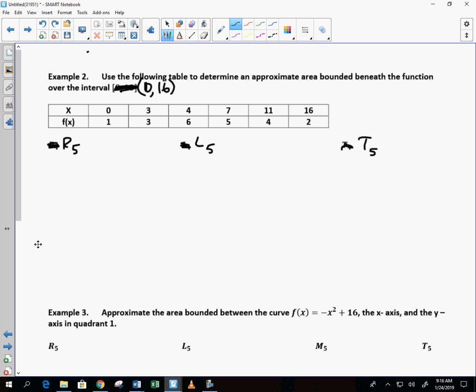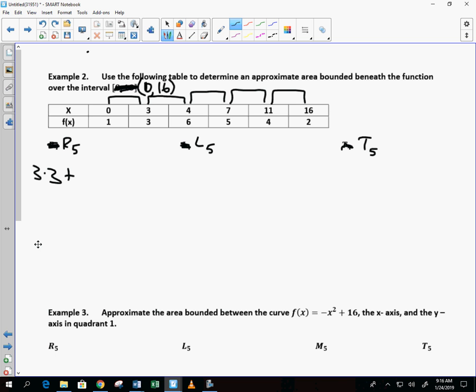R sub 5. I have this region right here, then this one, then this one, then this one, then this one. What's the width of the first rectangle? 3 times, what's the first height? It is 3. I evaluate it on the right-hand side.